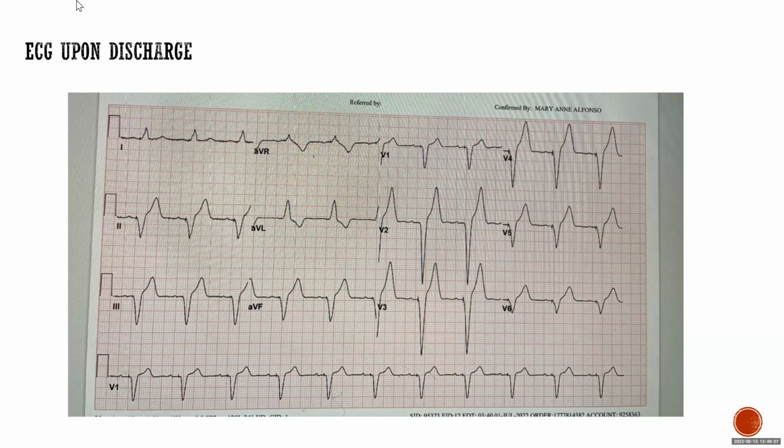Capturing and sensing, exactly. How did you know it's capturing the ventricle? We know it's capturing the ventricle because there's a spike, QRS, spike, QRS. But how do you know that it's sensing the atrium? There is synchrony, exactly.